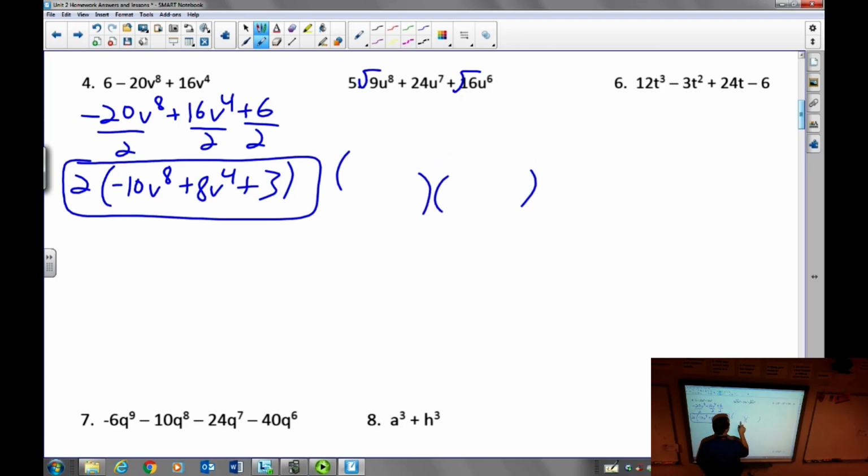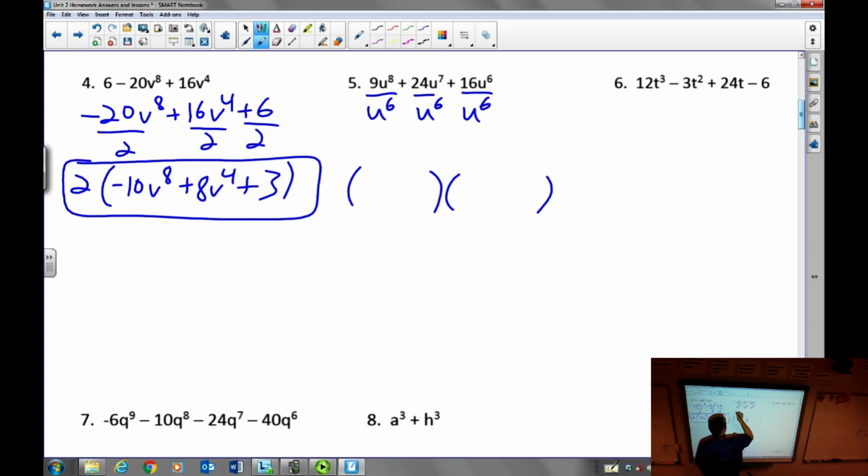Okay. So we'll go ahead and pull that out there. Let's see here. So we're going to go ahead and divide by u to the what? Can't pull out a 3. Yep, divide by u to the 6th power. The first term is positive, so that's nice.